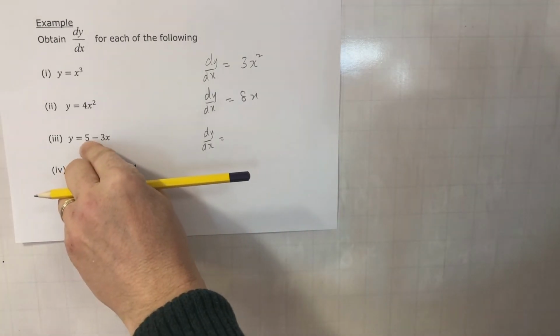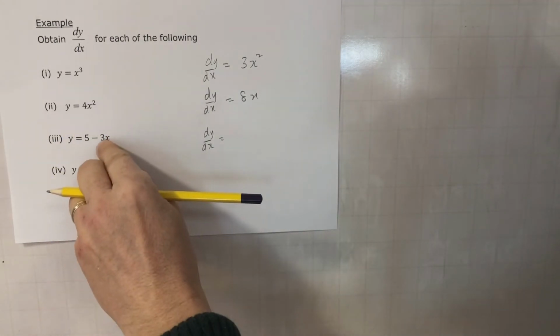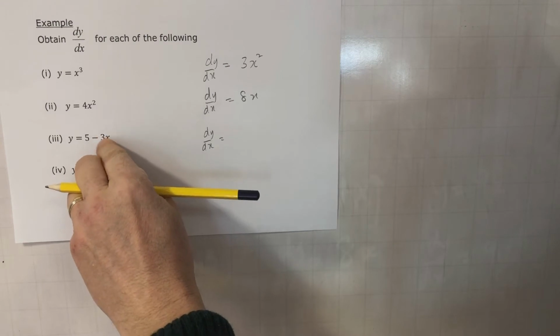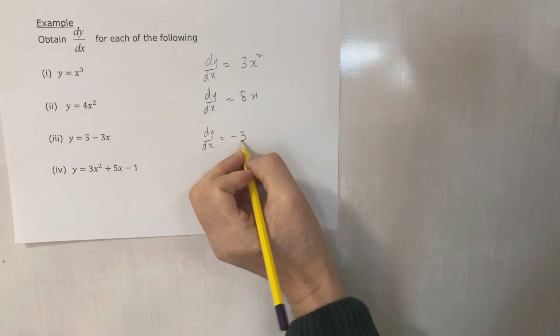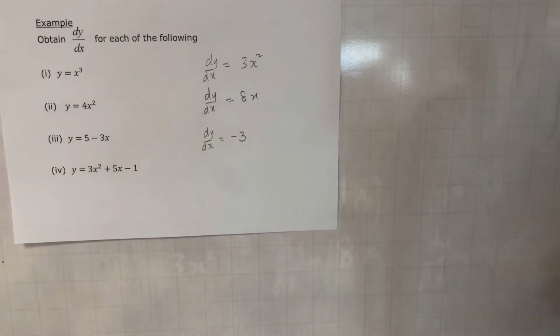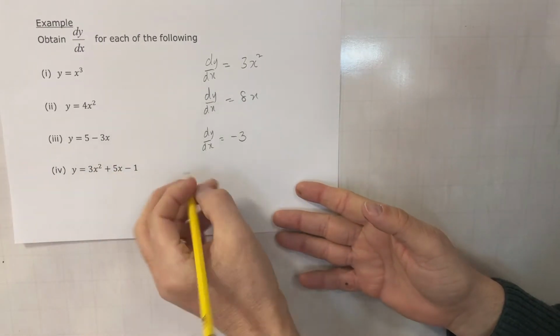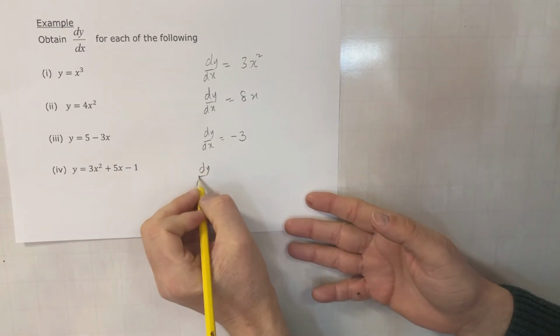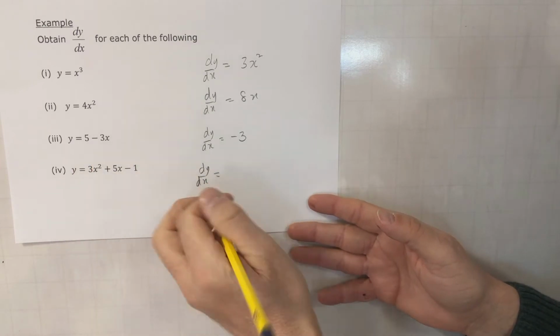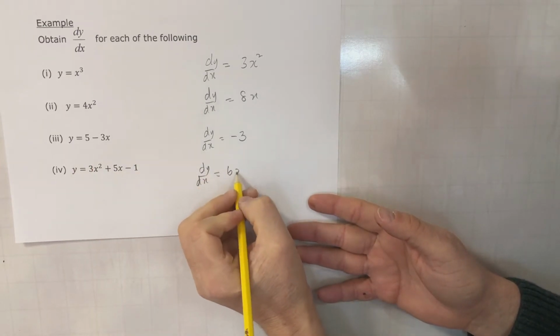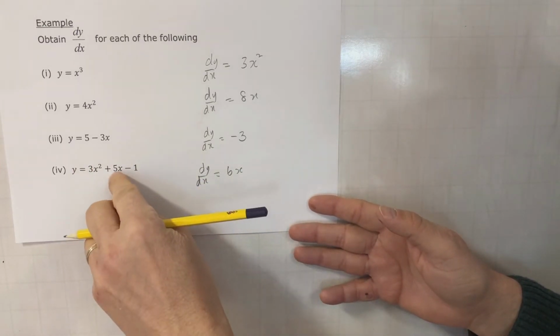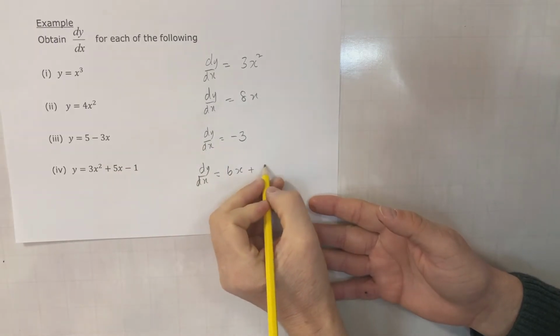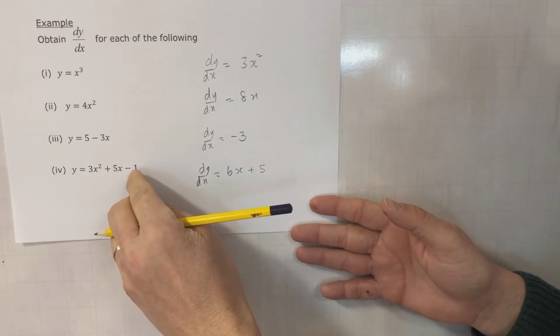So the differentiation of 5 is nothing. The differentiation of 3x is 3. So the differentiation of that one is minus 3. In the case of the last one, the differentiation of 3x squared is 6x. Differentiation of 5x is 5. And differentiation of 1 is nothing.